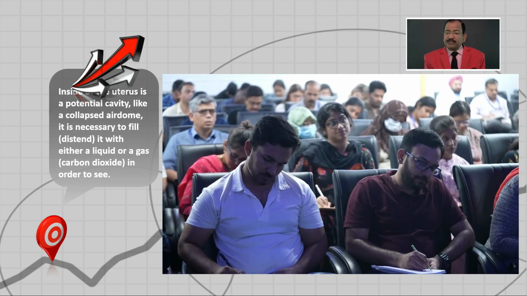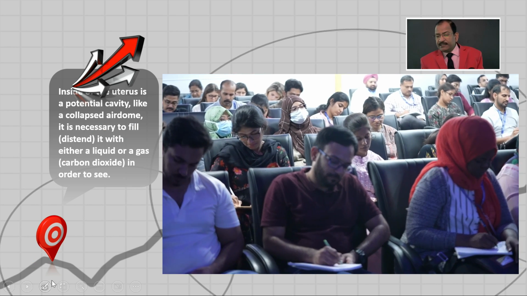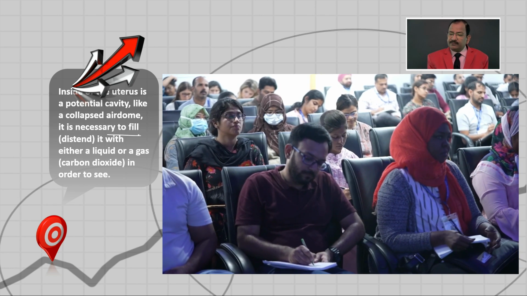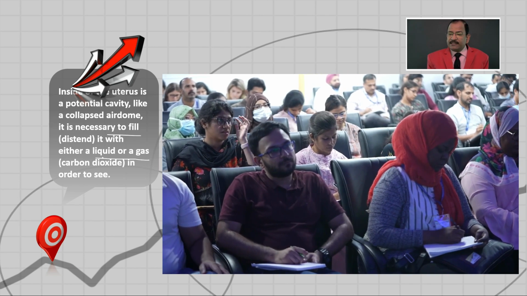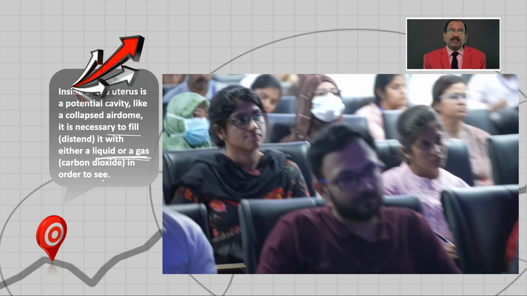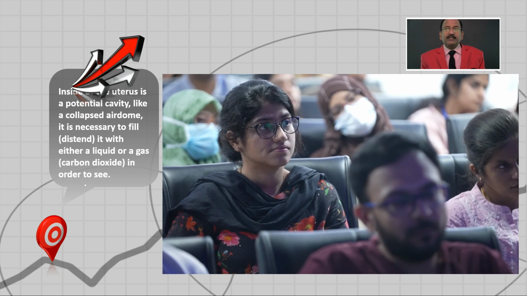The uterus is like a collapsed air dome like cavity. It is necessary to fill it up with fluid, either liquid or gas, and you need to fill it up under pressure. In hysteroscopy, you don't need much pressure.